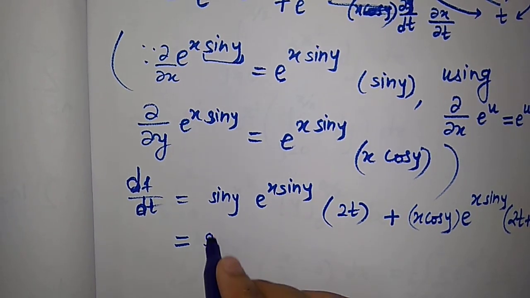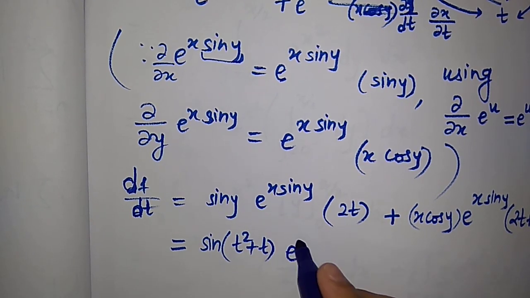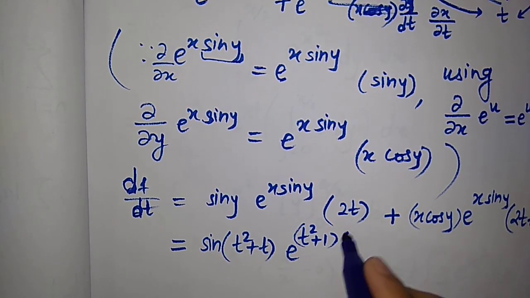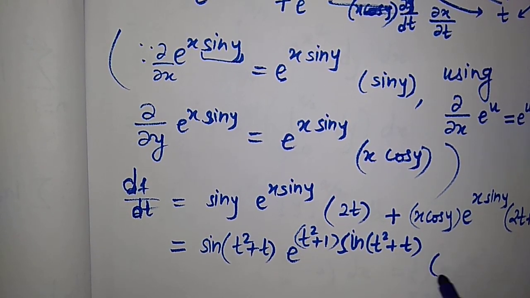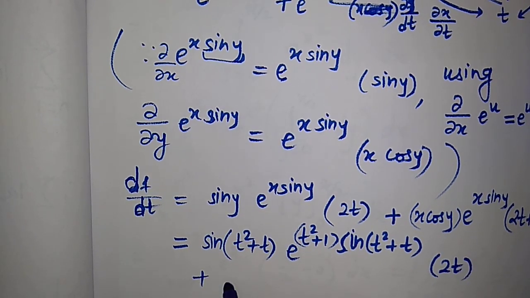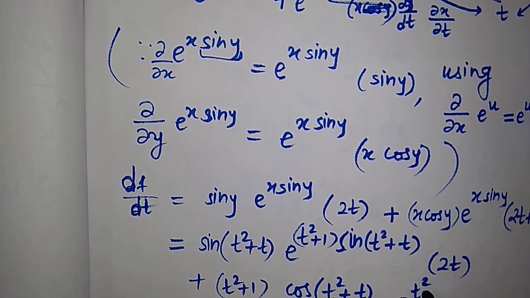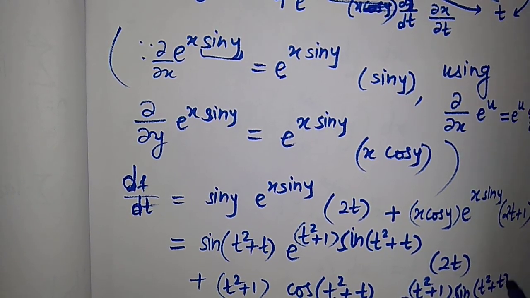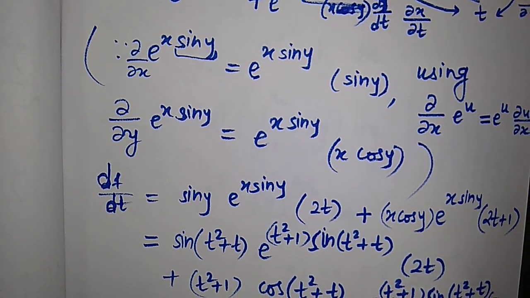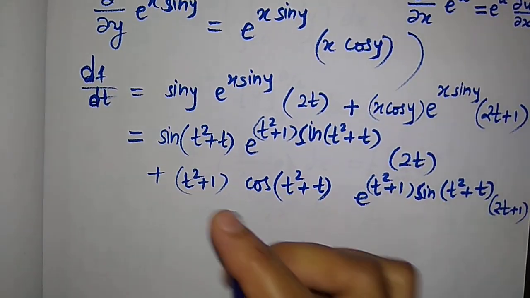So this is just equal to sine of t square plus t into e raised to t square plus 1 into t square, plus sine of t square plus t into 2t, plus x, which is t square plus 1, into cos of y, which is t square plus t, into e raised to t square plus 1 into sine of t square plus t, then 2t plus 1.